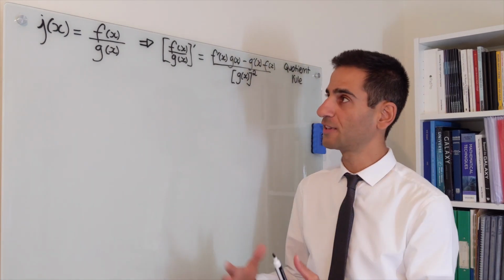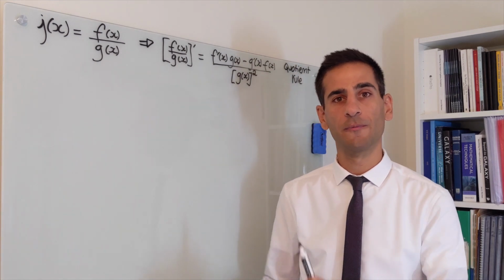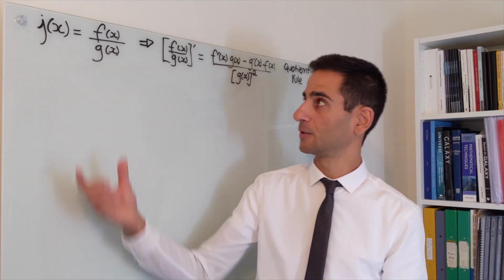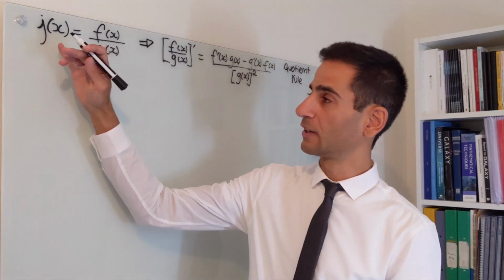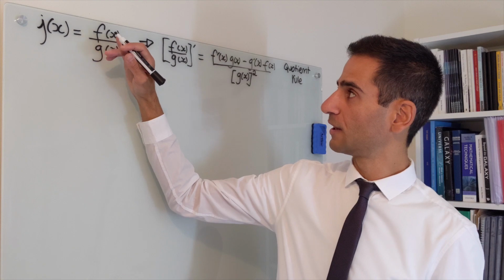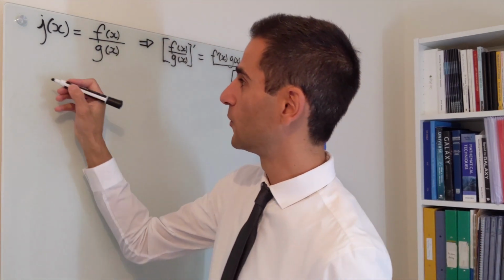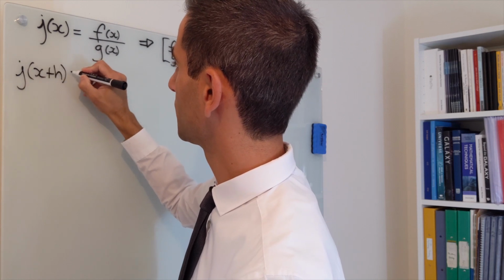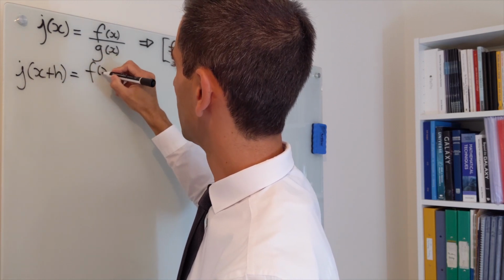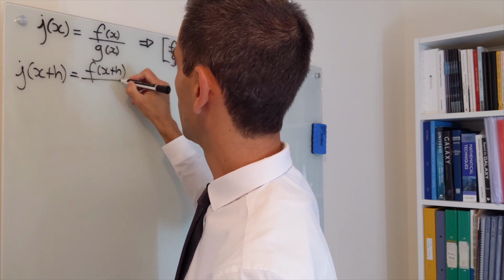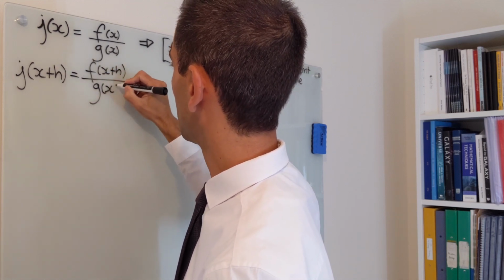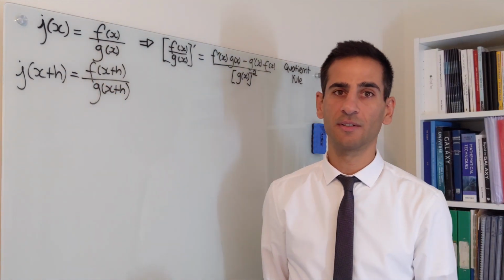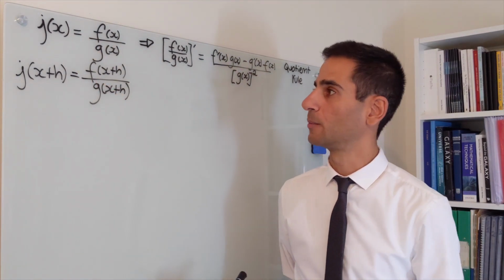So bear with me. First thing that we probably want to do is to write down the derivative from first principles of this function. We already know that j of x is f of x over g of x, which means that j of x plus h is f of x plus h over g of x plus h. We have the two basic ingredients. We can therefore sub it into the formula.